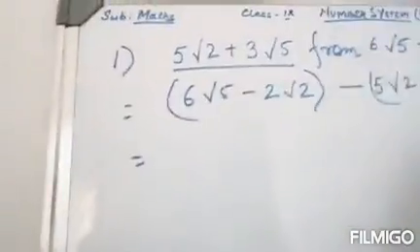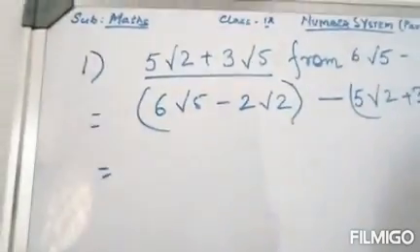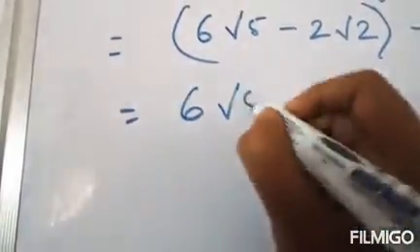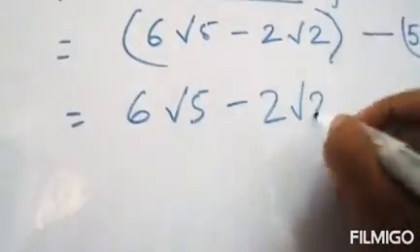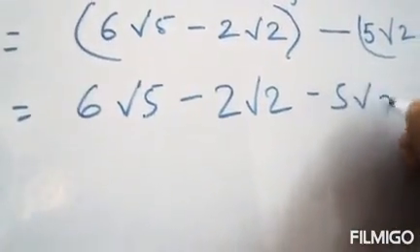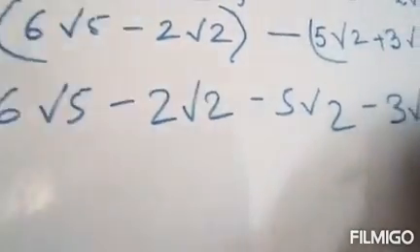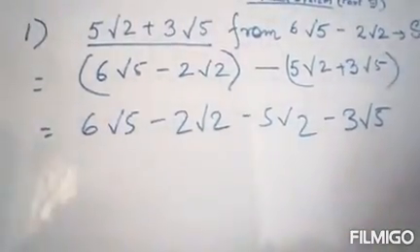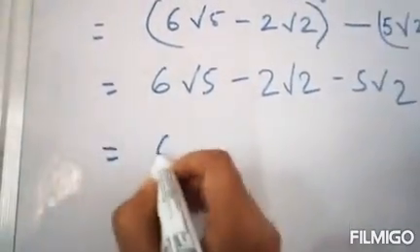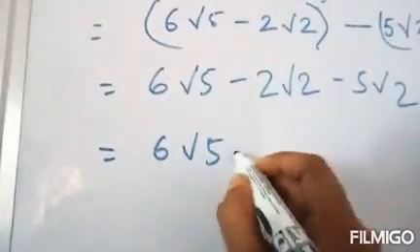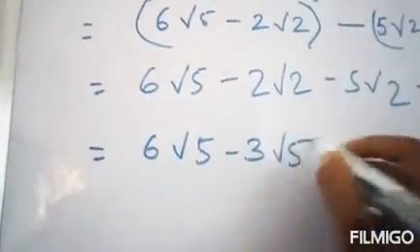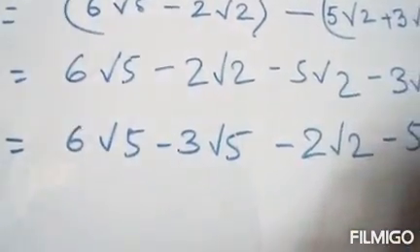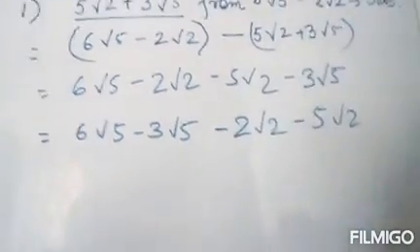So again we'll be clubbing together: 6 root 5 minus 2 root 2 minus 5 root 2 minus 3 root 5. Okay. It will be 6 root 5 minus 3 root 5 minus 2 root 2 minus 5 root 2. Understood?